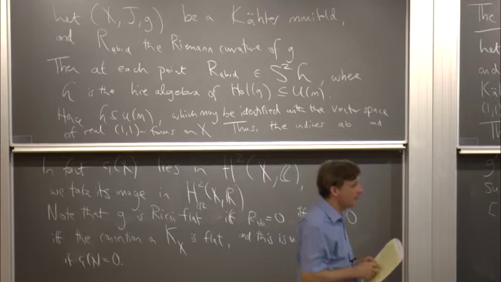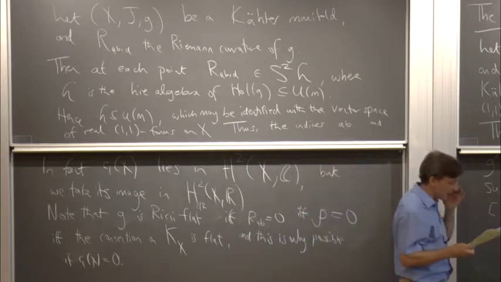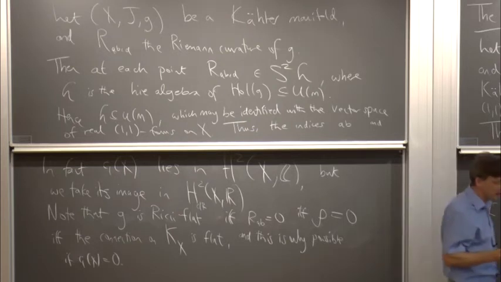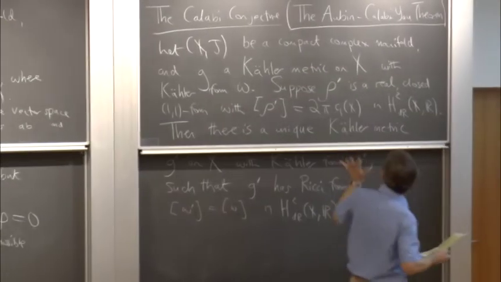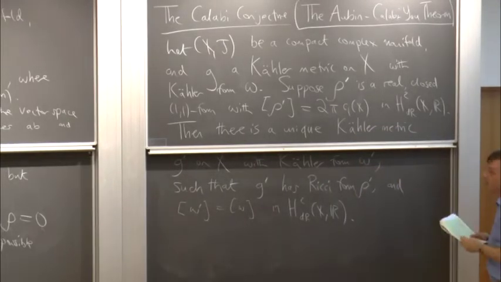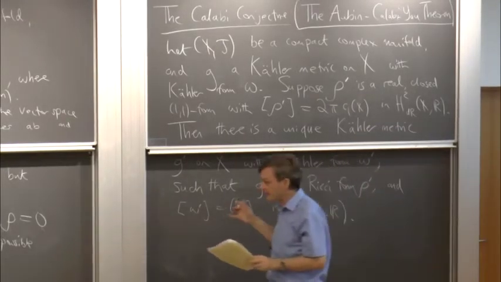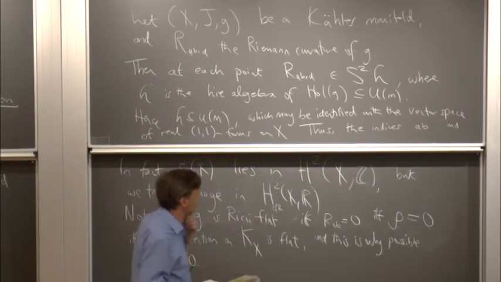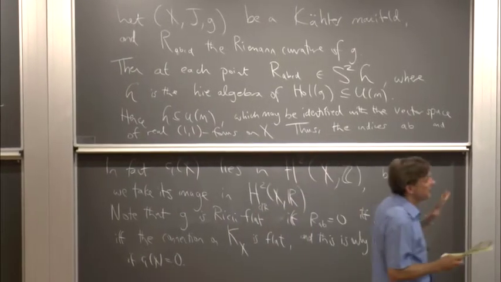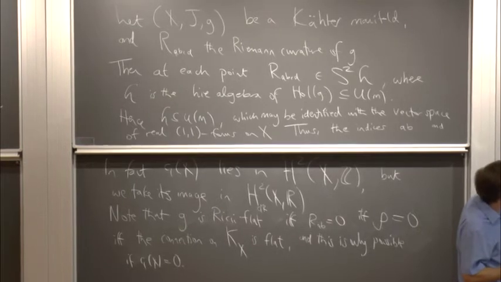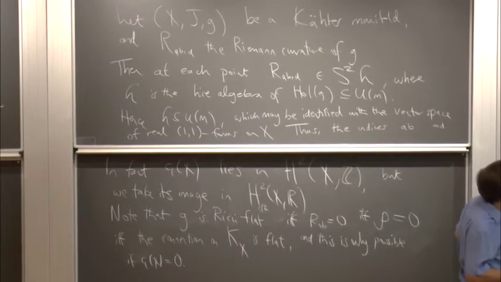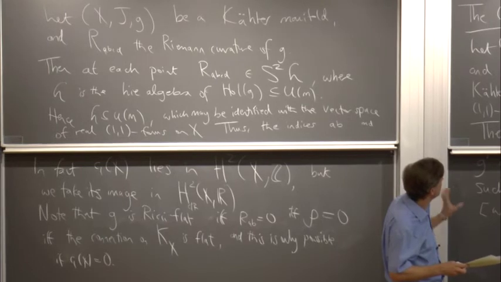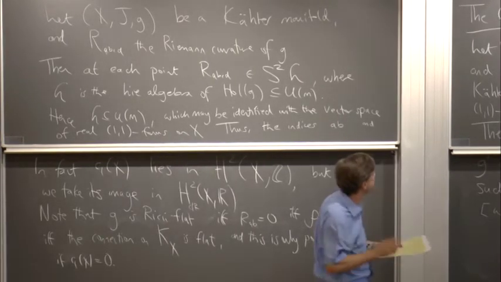And Aubin made some fairly major progress on it, but the thing wasn't actually sorted out until Yau in 1976. So I think Aubin and Calabi and Yau all deserve credit for the proof, but Yau basically managed to get his name on it. People will say Yau's proof of the Calabi conjecture because Yau's good at that kind of thing. But Yau basically did the last little bit of the proof, as it were. The overall structure of the proof is due to Calabi, and Aubin did some important stuff in the middle.